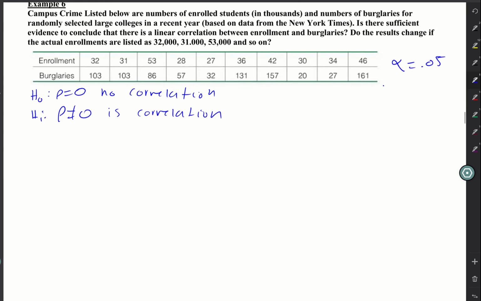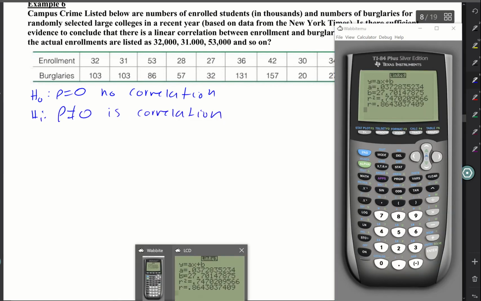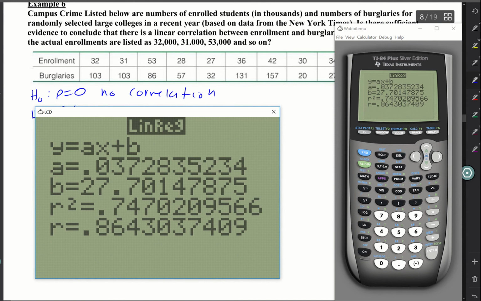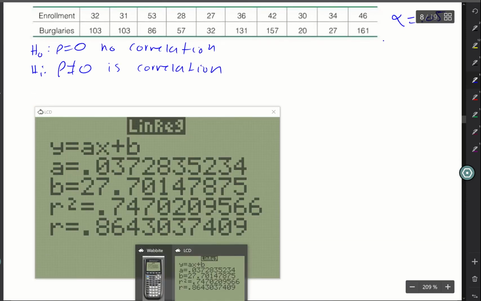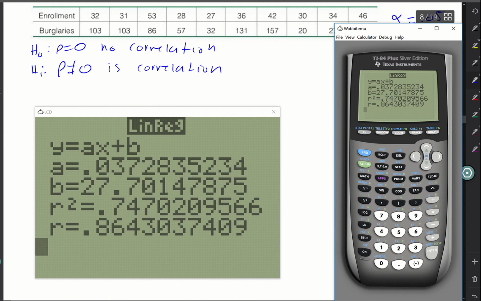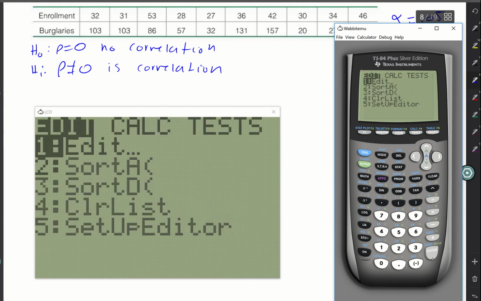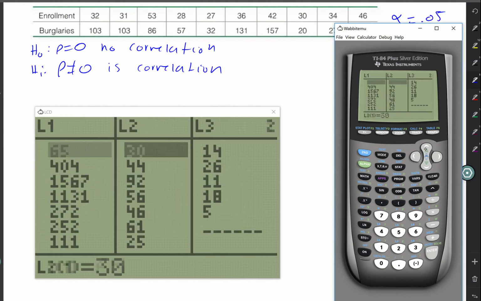This time I want to enter the data, and we can find our R, or we're going to find a p-value again. So let's go ahead and enter our data. This time I'll try to enter it correctly, and then we won't come out with the wrong answer.